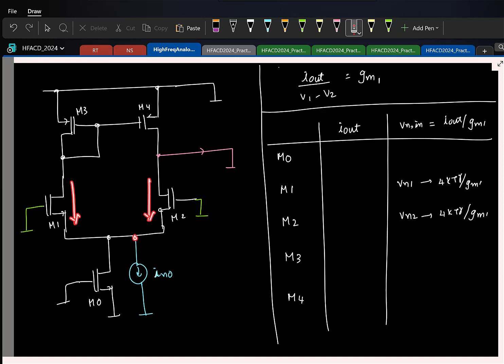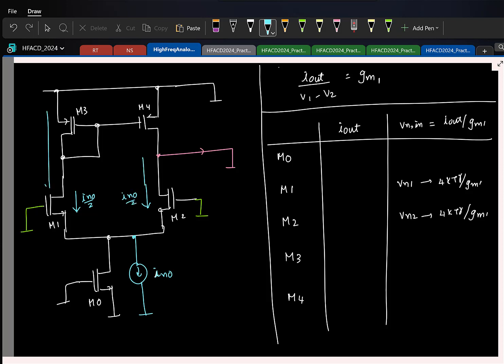So what will happen? What is the resistance looking here? 1 by Gm, because this drain is at a low impedance. This is also 1 by Gm, because this drain is also short. So the noise current is going to split equally. So this is, let us say, IN0 by 2. This is also IN0 by 2.